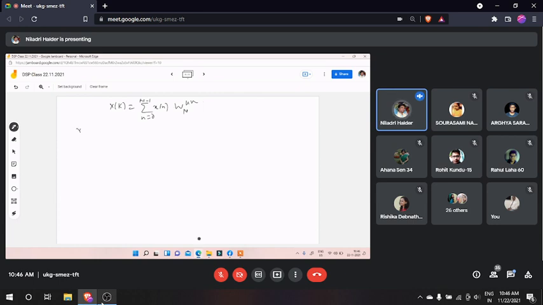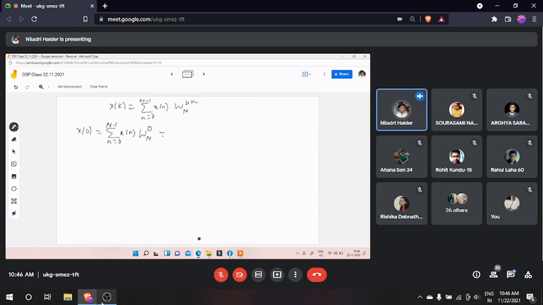Now in that formula, if you calculate X0, what will you get? Summation n equal to 0 to N minus 1 xn, that is k equal to 0. If we replace k equal to 0, Wn to the power 0.